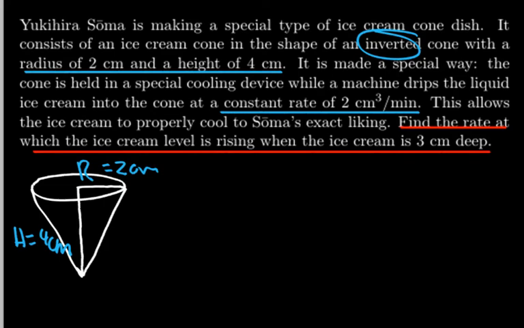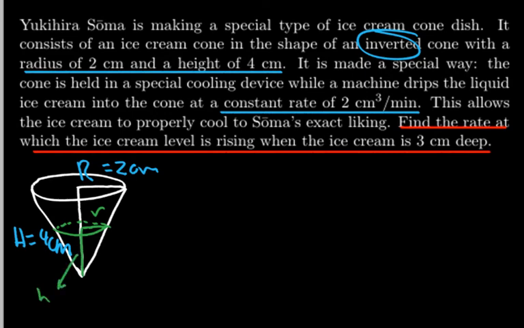All right, and then something that might also be important is to get a little bit of a parametrization of these parts. So I'm just going to call that small r and small h.